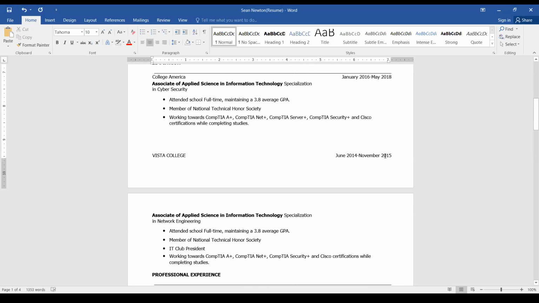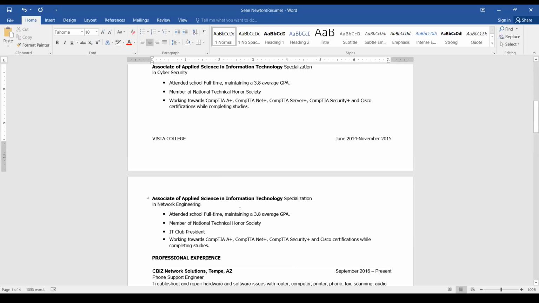Vista College, okay, the date that you were there, the associate in IT looks like two. Okay, you've got 2 Associate of Applied Sciences in IT, different specializations. So that's something to emphasize.